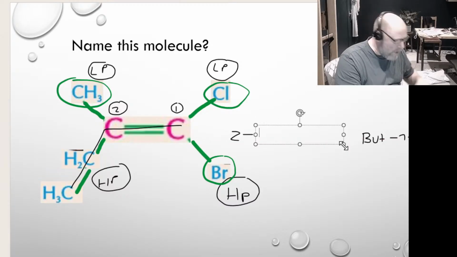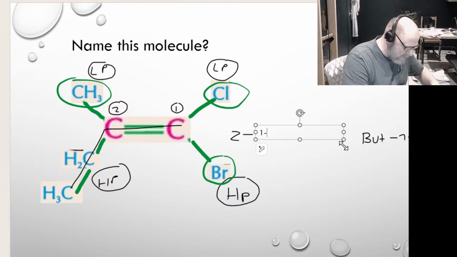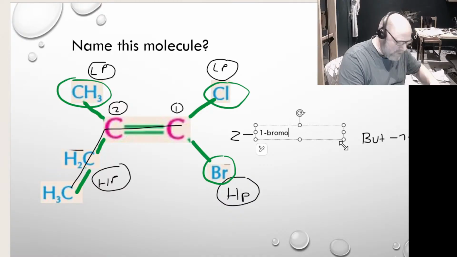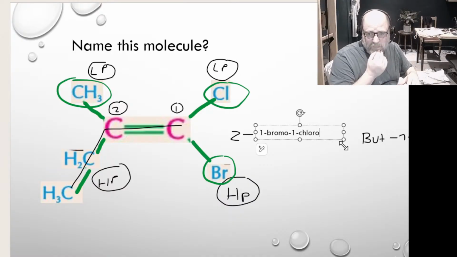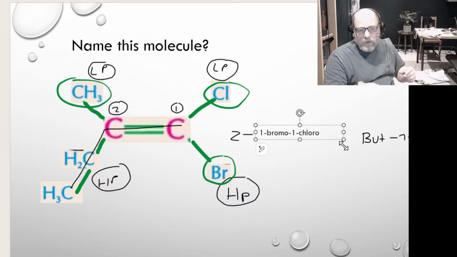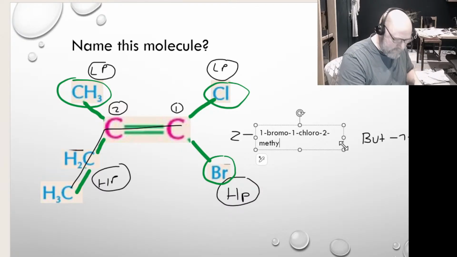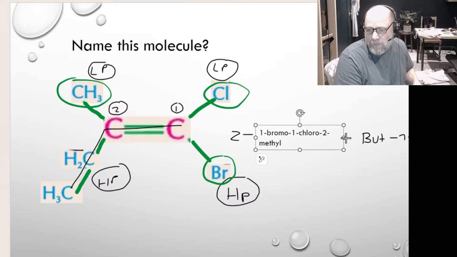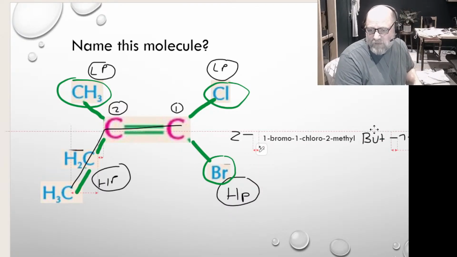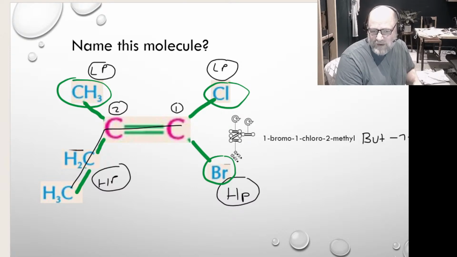It's going to be what? 1-bromo, B before C, 1-bromo, 1-chloro, 2-methyl, M comes after, so 2-methyl. And then but. I don't really need a capital B there, do I? Butene. Oh gosh. Yeah, you get the idea, right? I'm never going to get that right.